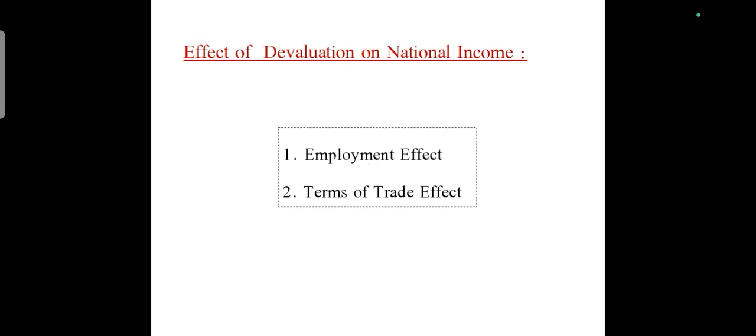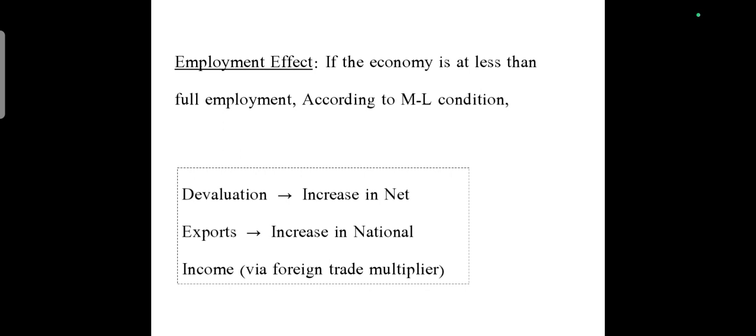Now we will discuss the effect of devaluation on national income. We can divide the effect into 2 points. First one is employment effect, and the second one is terms of trade effect. First we will discuss the employment effect.